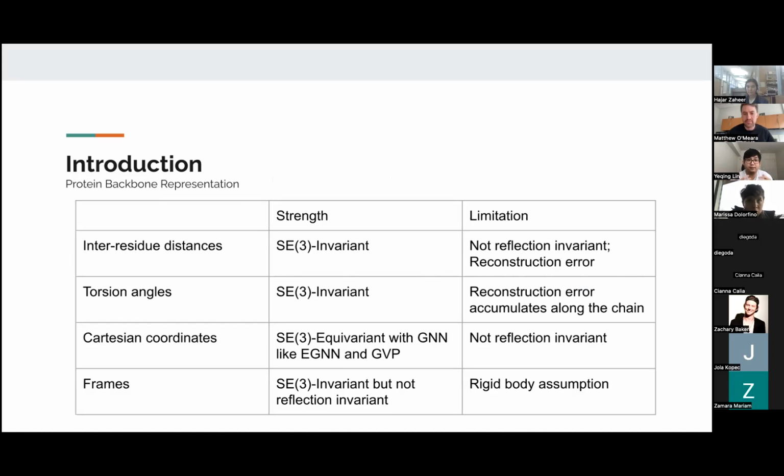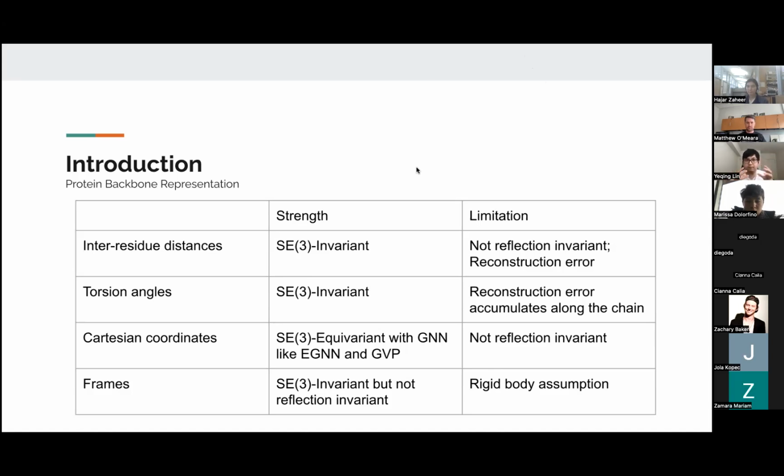Here we are considering the protein backbone and how we can efficiently represent it to a computer. This is a bit different from image space. If you consider image space, there is just an image, a 2D representation, basically a 2D array.